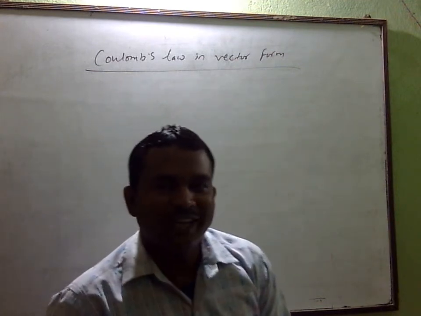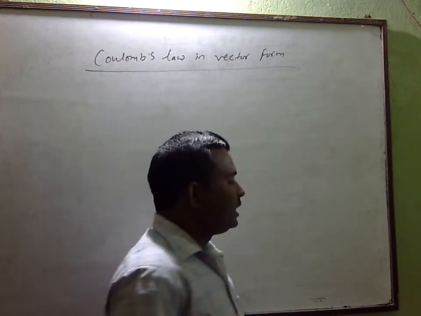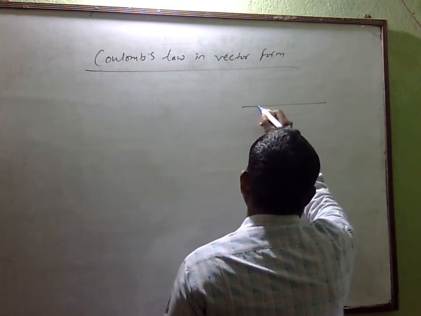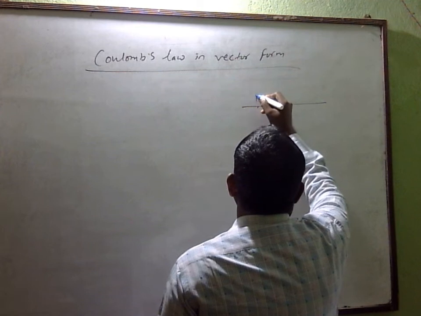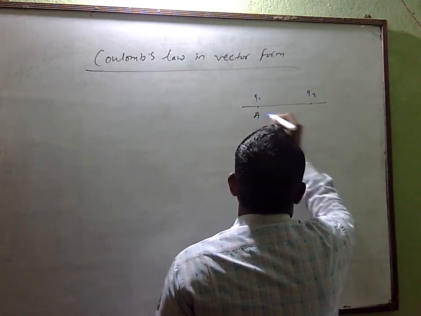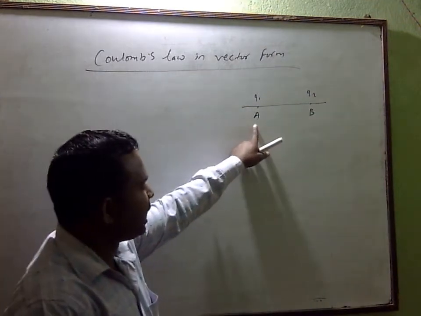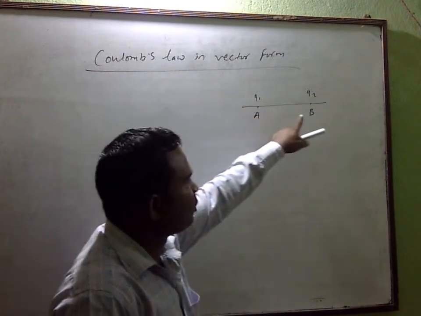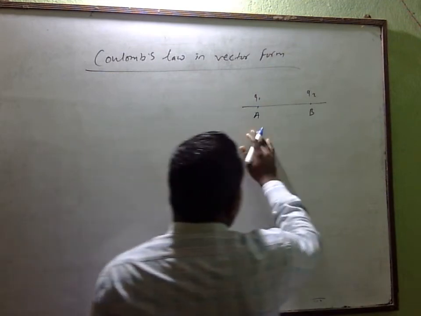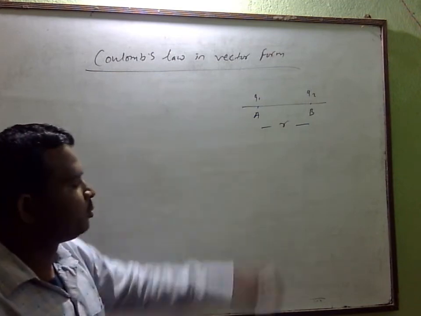So now you see that we have the topic, Coulomb's law in vector form. Now we will take two like charges. Suppose I have one charge Q1 and another Q2, placed at points A and B. At point A I have taken Q1 charge, at point B I have taken Q2. Suppose r is the distance between these two points.